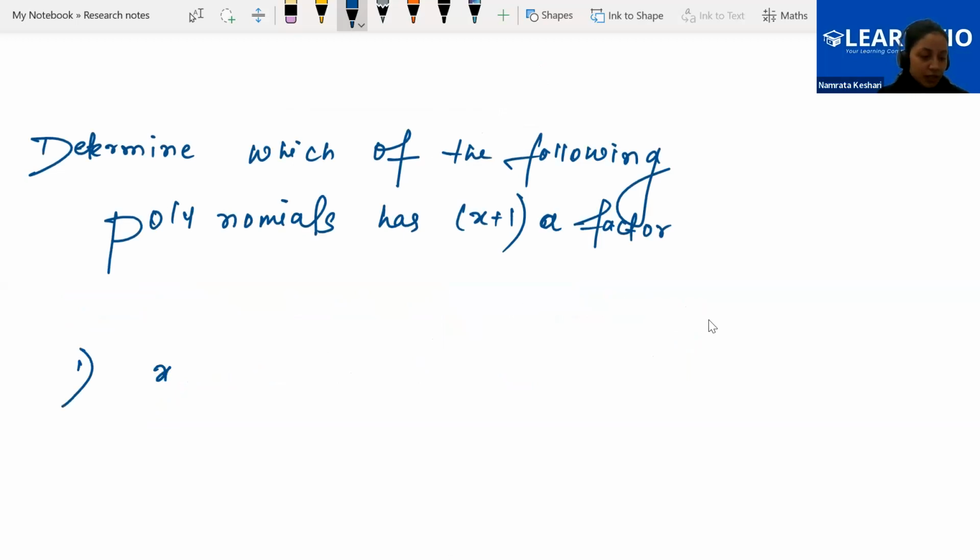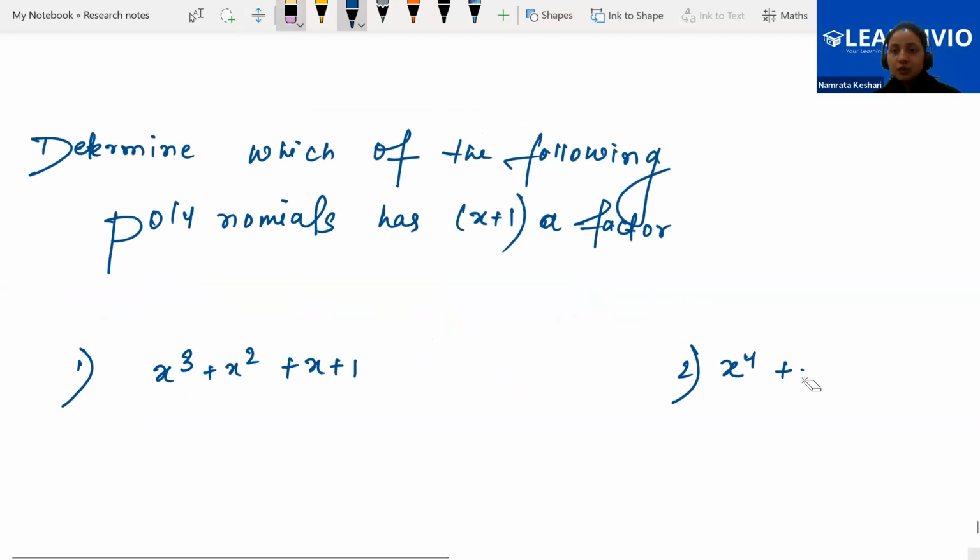Number 1, x cube plus x square plus x plus 1. Number 2, x to the power 4 plus, okay, I believe this one we have done together, right? Let's do only one of it and tell me how to do it.